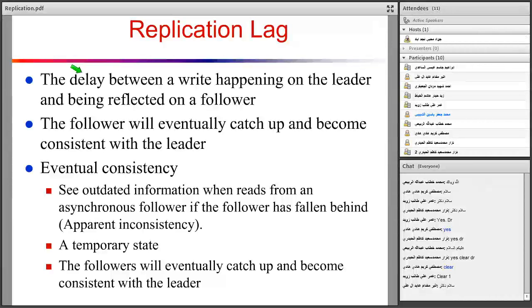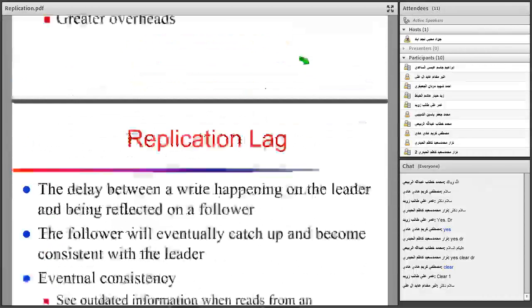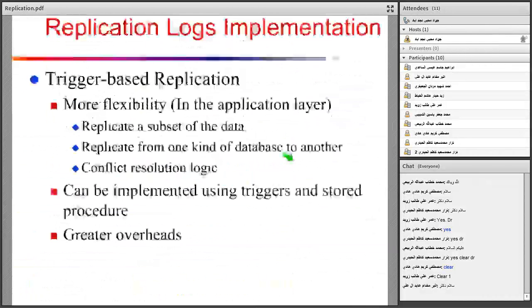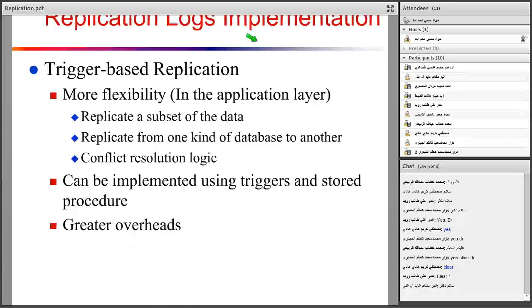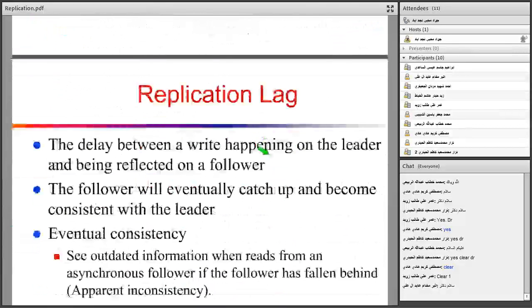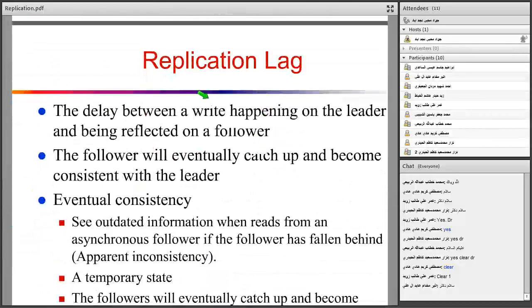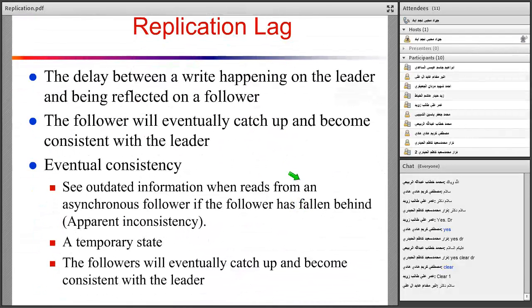It is called replication lag. This replication lag depends on the software, on the method implemented to send the replication logs, and also on the network and the distance between the machines.